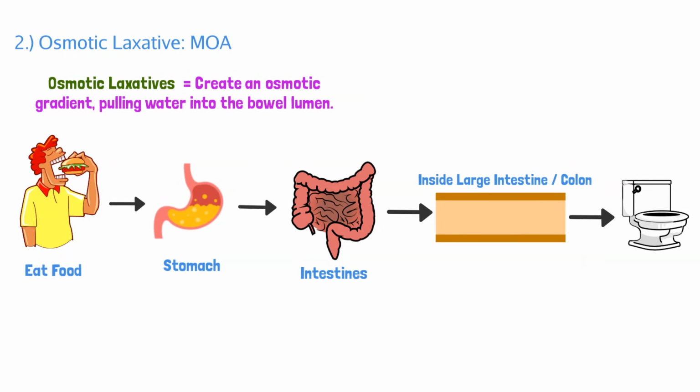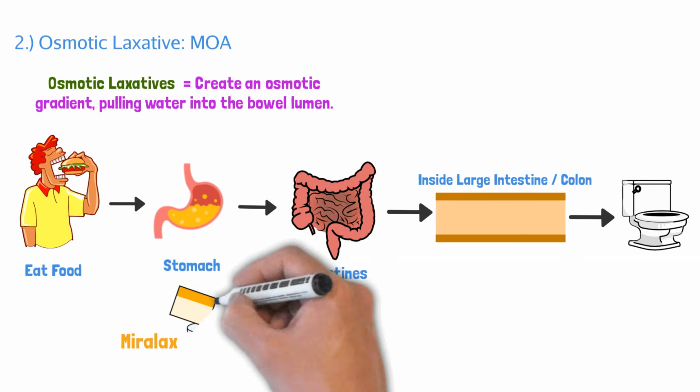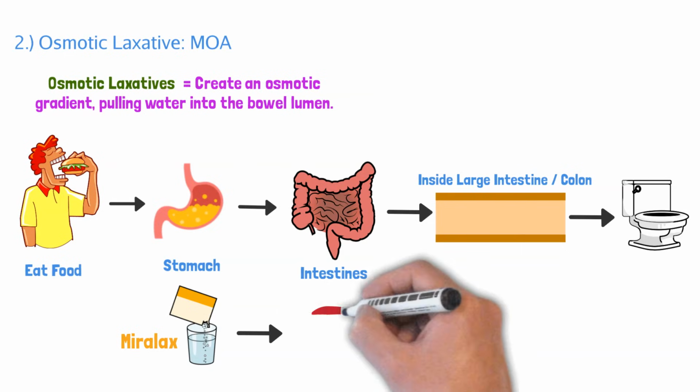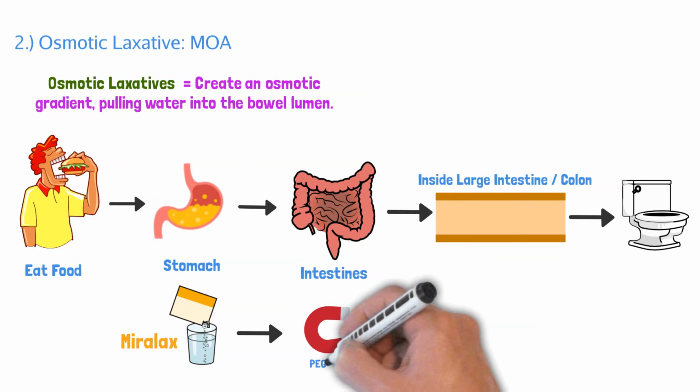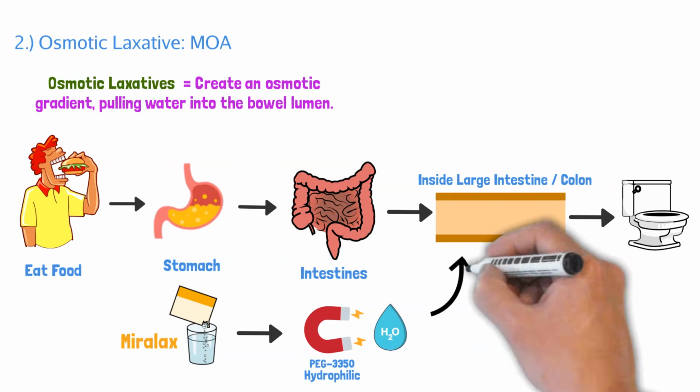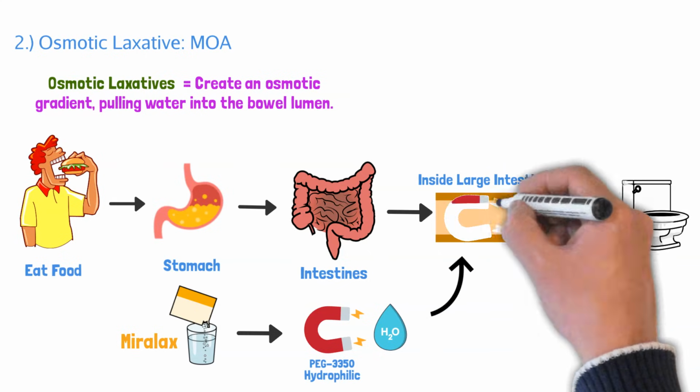Pretty straightforward. Now, if we add Miralax, which is PEG 3350, essentially the PEG acts like a magnet, a hydrophilic magnet, so a magnet that likes to attract water. And what's interesting is this PEG doesn't get absorbed.